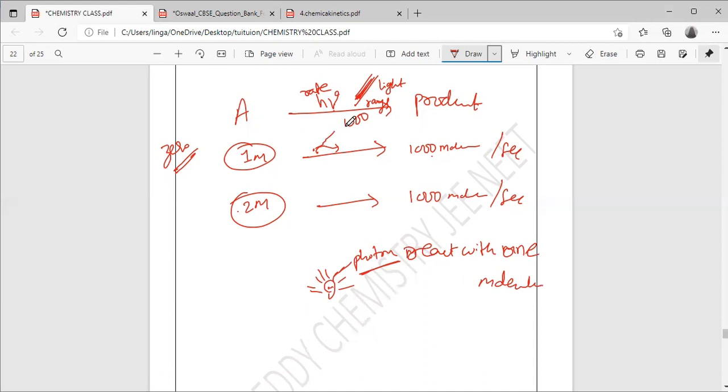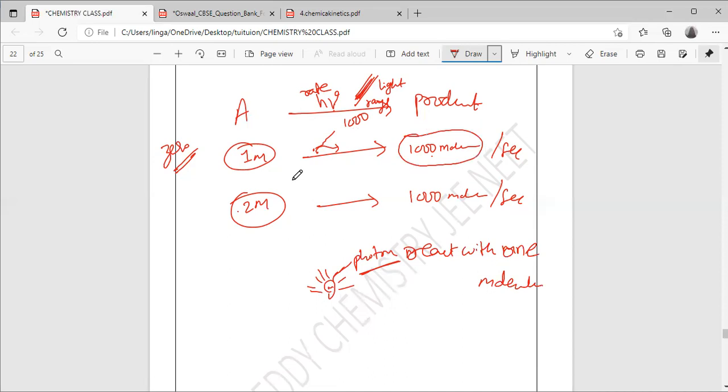As many rays as there are, that many molecules are reacting and converting into product.